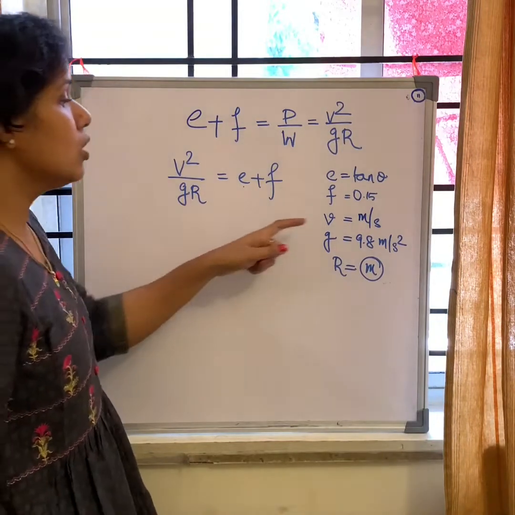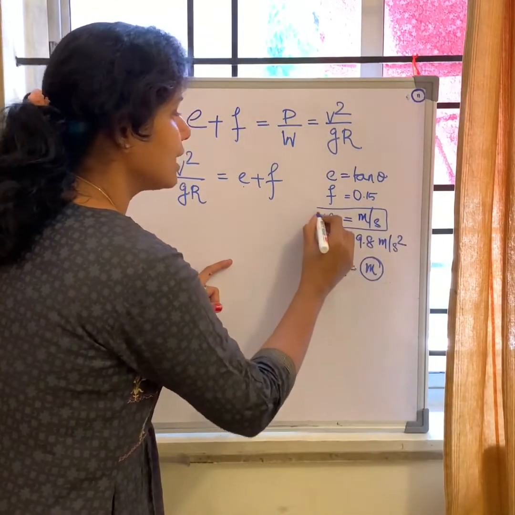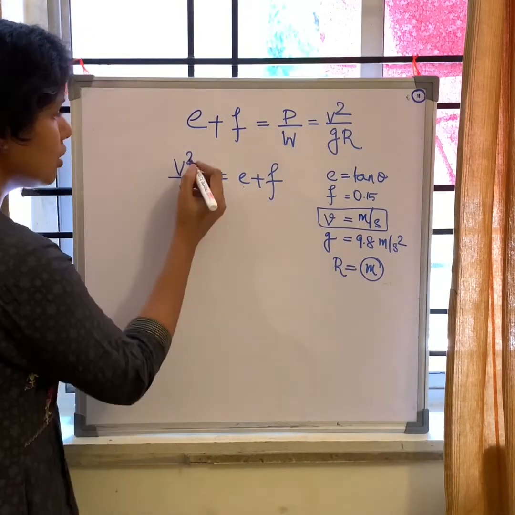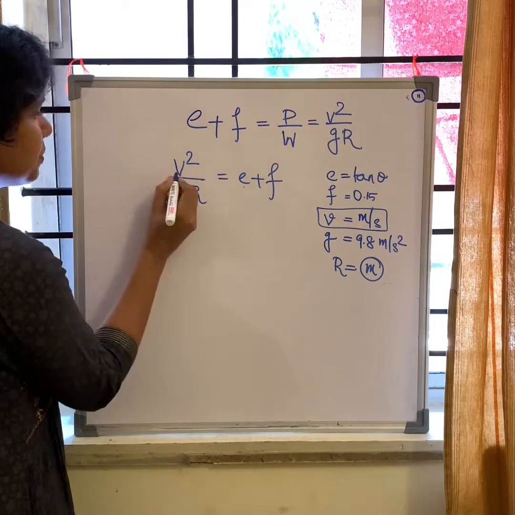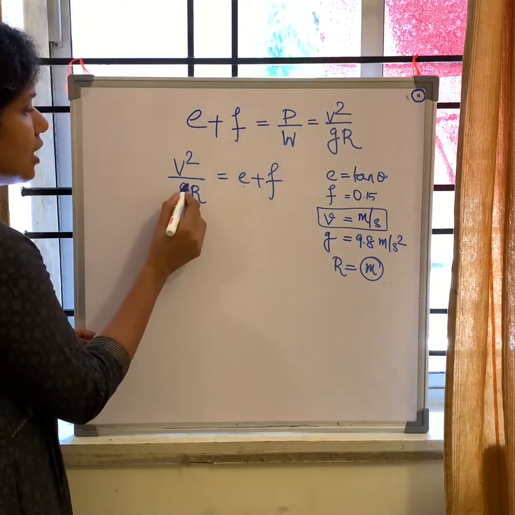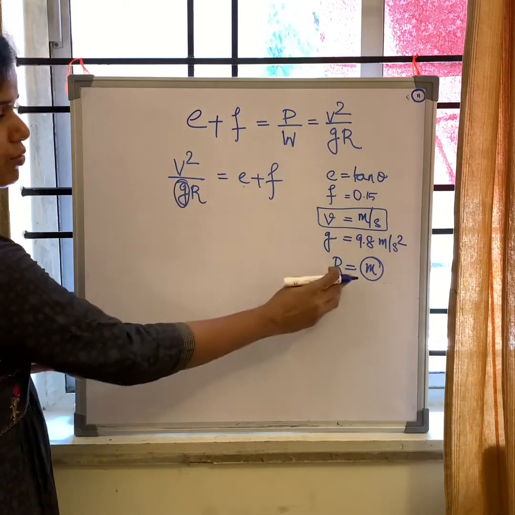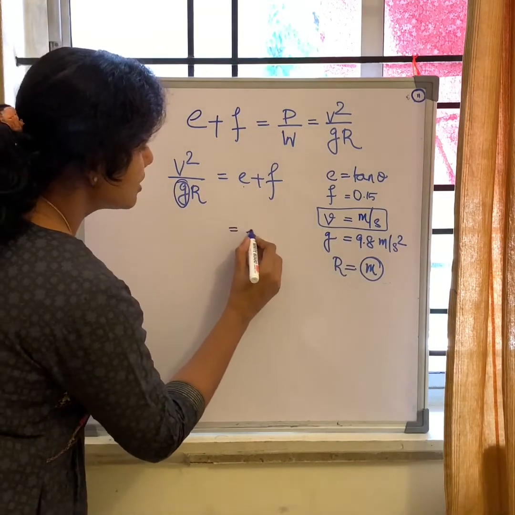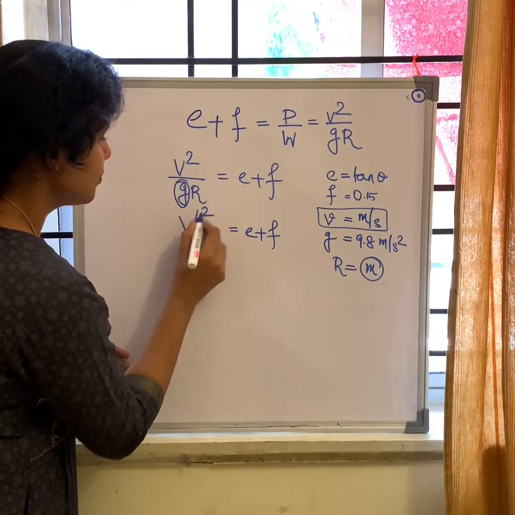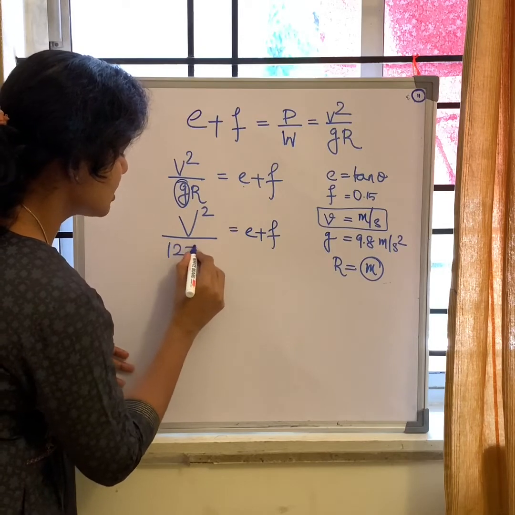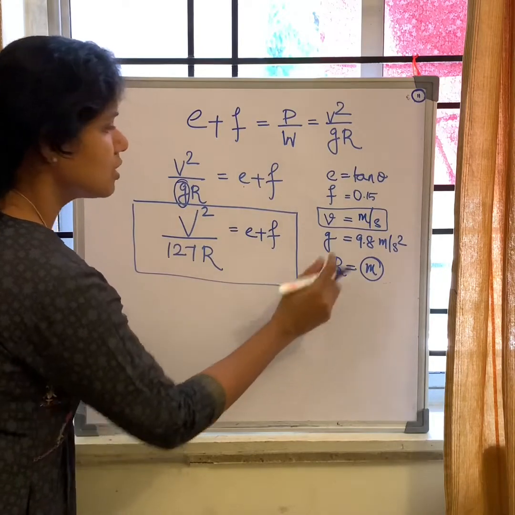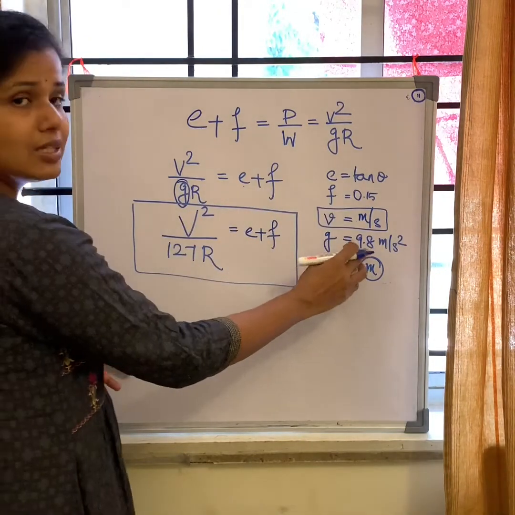Now, if you want to express the speed of the vehicle in kilometer per hour, then you have to convert, typically multiplying by 5 by 18, and even taking into consideration G of 9.8 meter per second square, this equation can be rewritten as capital V square divided by 127 R. This 127 I am getting by converting meter per second to kilometer per hour and considering 9.8.